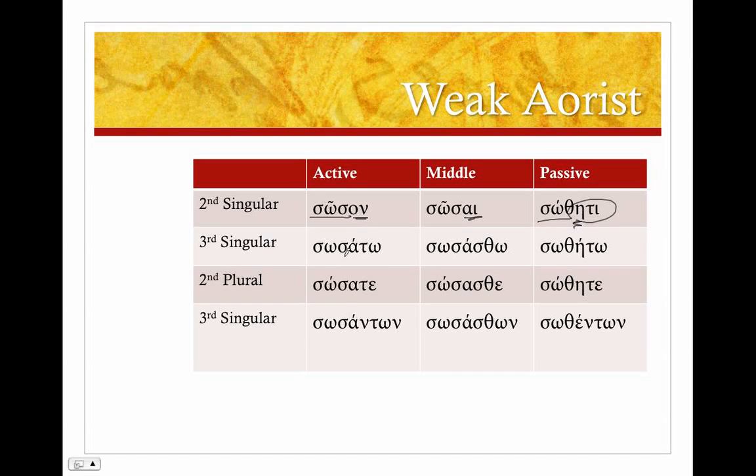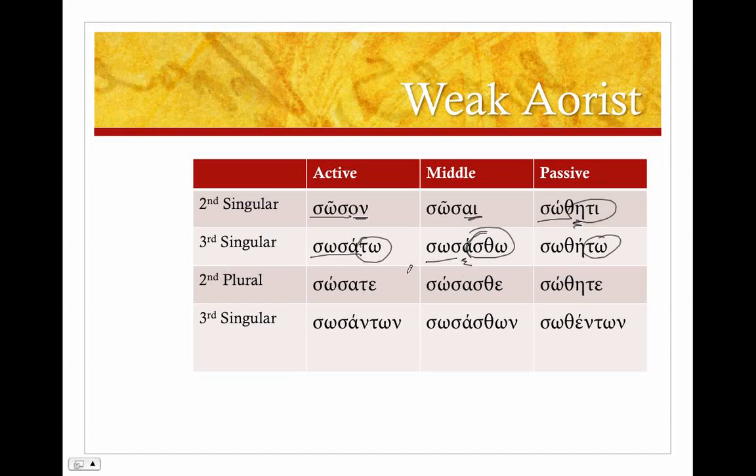So sōthēti. Third singular, let him save. Sōsatō, there's our stem, and tō, just like we saw with the presents. Sōsasthō, there's our aorist stem, no augment, and that sthō, here the alpha, because we're in the weak aorist, and sōthētō.